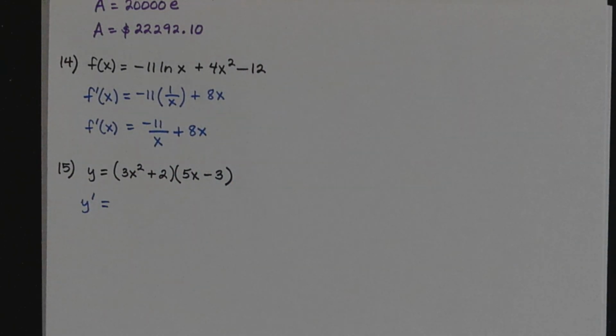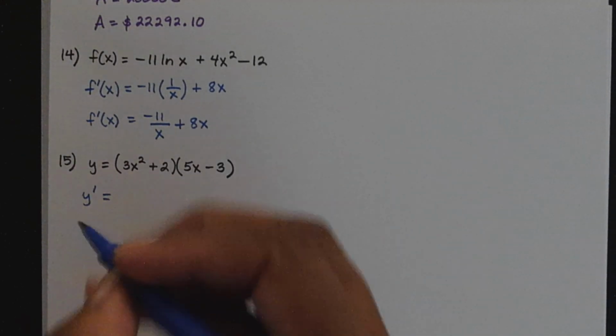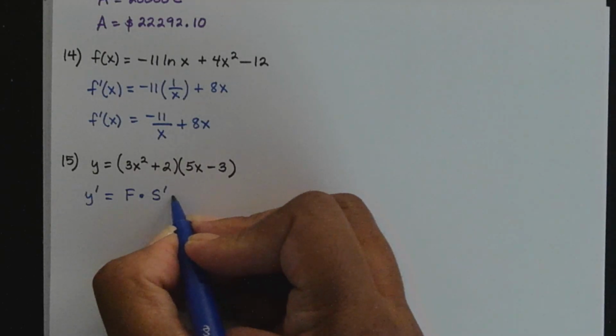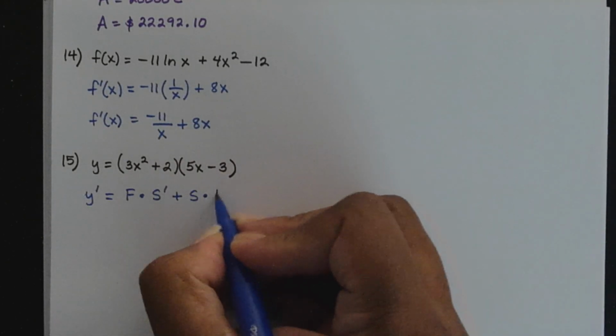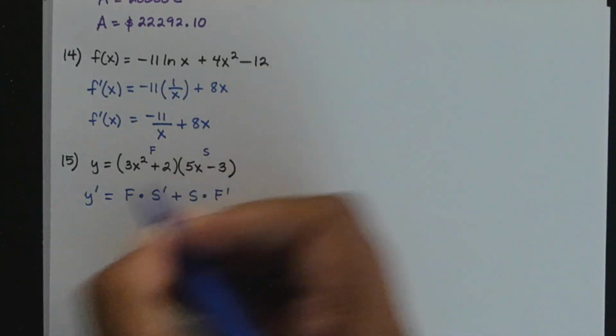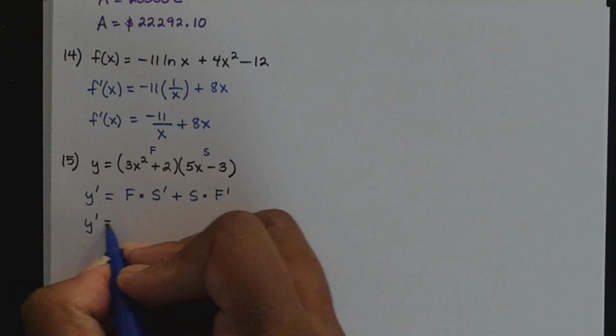All right, since we're using the product rule to find this derivative, the product rule says this: you must do the first times the derivative of the second plus the second times the derivative of the first. So this is going to be the first, and that's the second. Then y prime would be this.